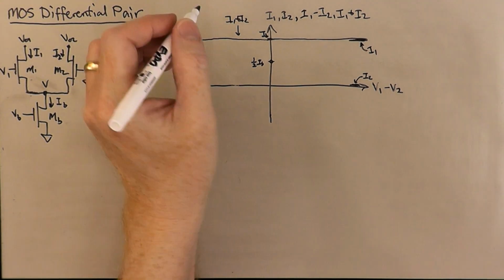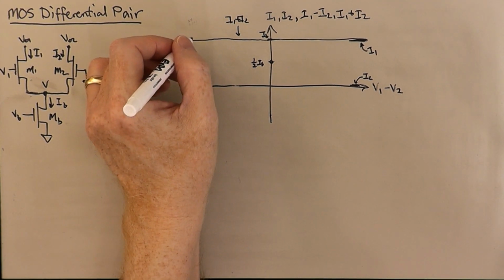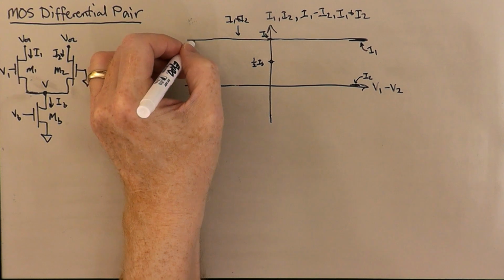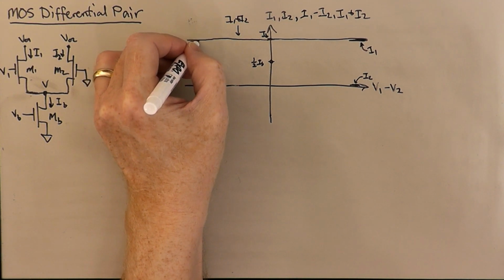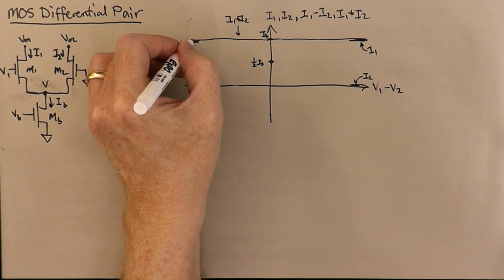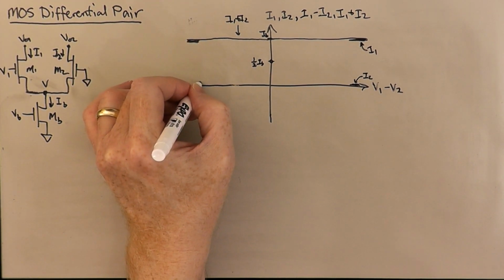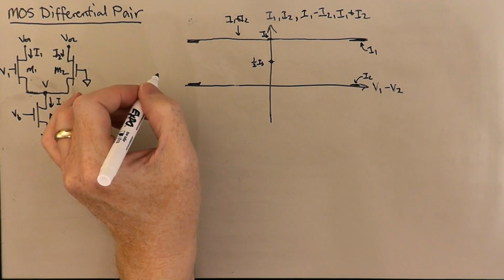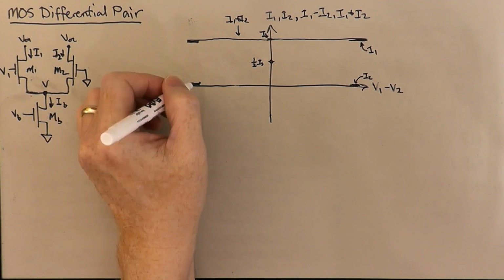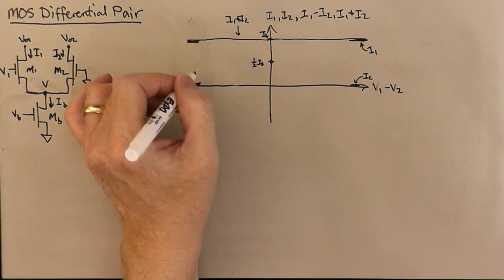And we figured out that when V2 exceeds V1, I2 will be practically all of IB, and I1 will be practically 0. So the sum of these two things is equal to IB.